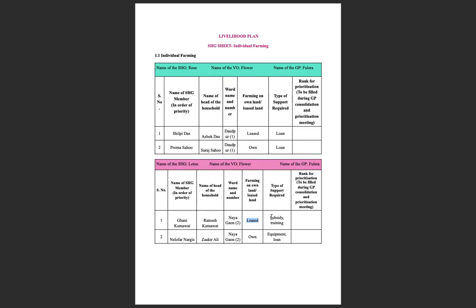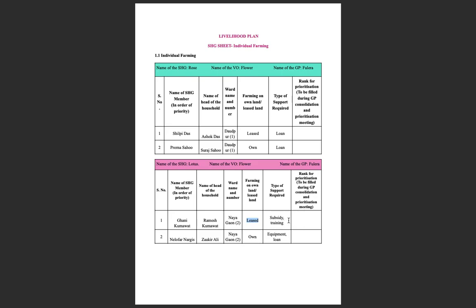Now subsidy can be subsidy for an equipment, it can be a subsidy for seeds, it can be subsidy for fertilizer, and training can be any sort of training in terms of how to use a fertilizer, how to sow the seed, and so on and so forth. So these kinds of support can also be written in the type of support column.